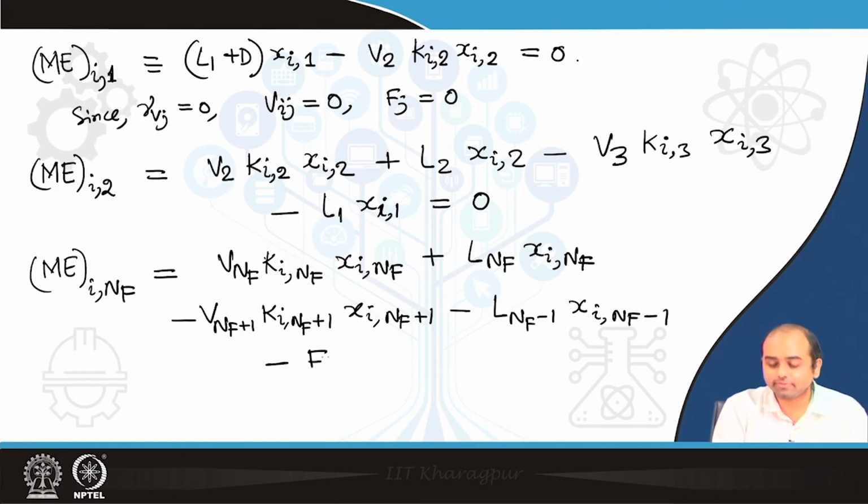And then we have the feed, that is FNF, which is nothing but the feed, Zi comma NF. This would be equal to 0.